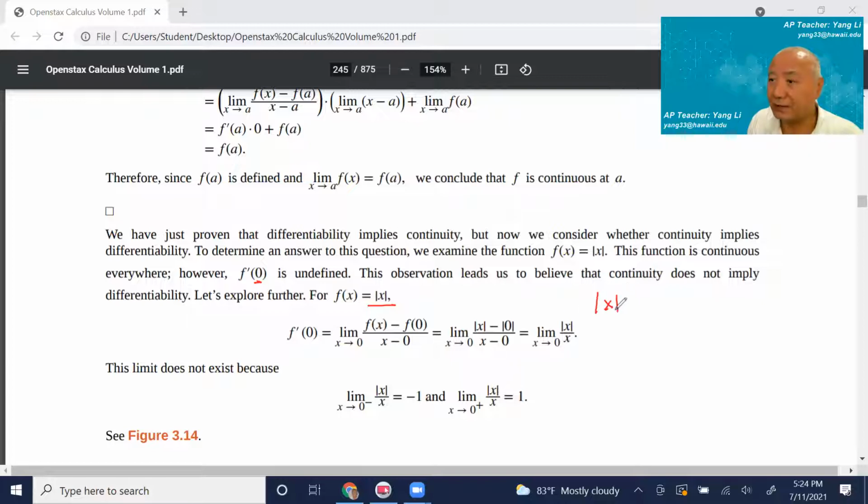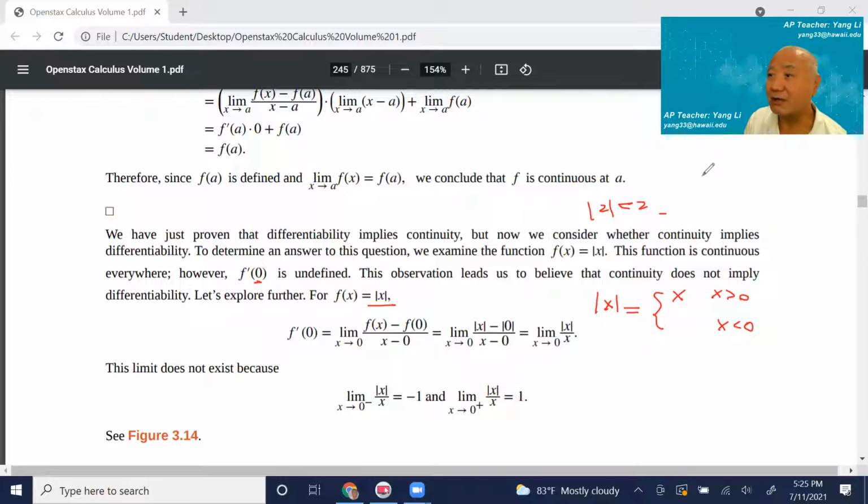I want to break down the absolute value of x into pieces, so you have this, okay? The absolute value function equals x when x is greater than 0. For example, if you have 2, the absolute value still equals 2, right? It equals itself. But if x is less than 0, what happens?